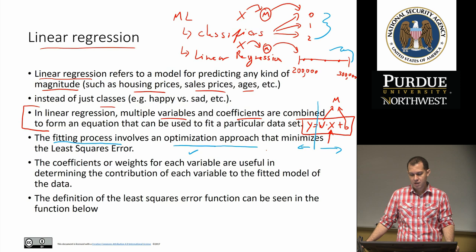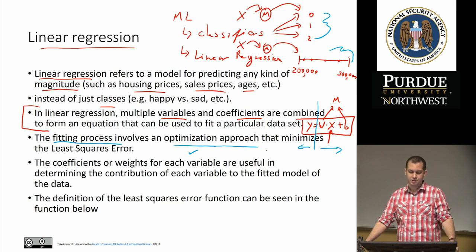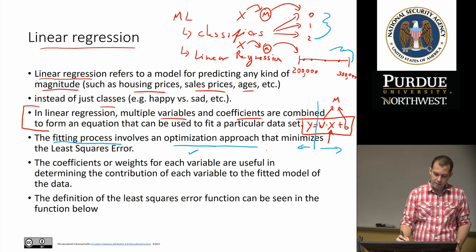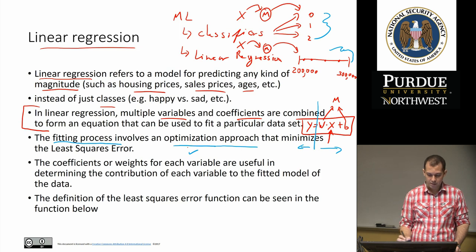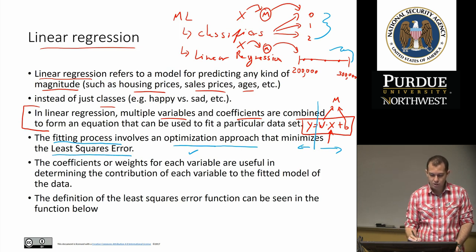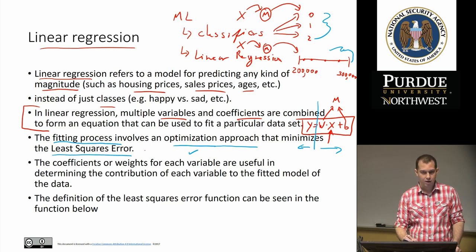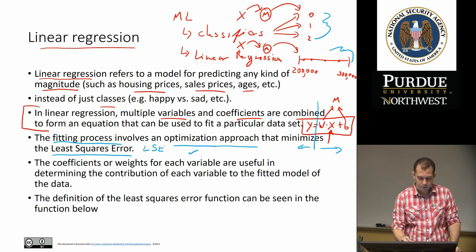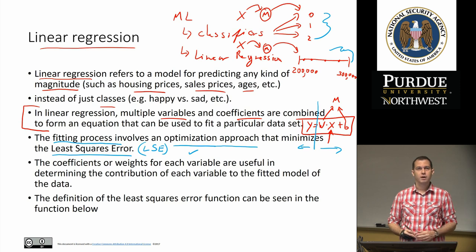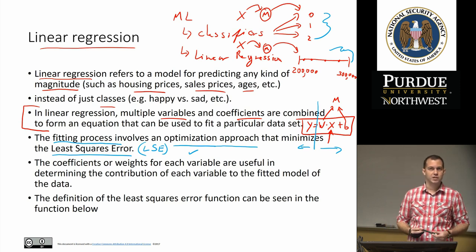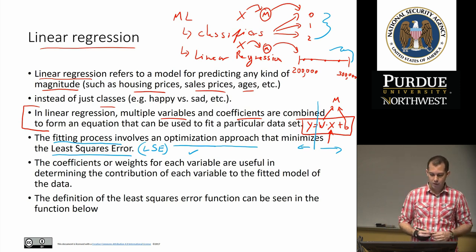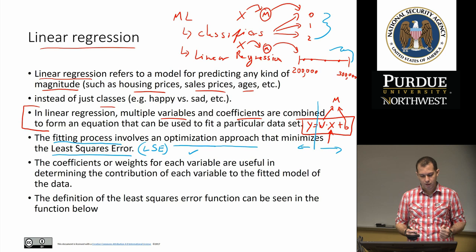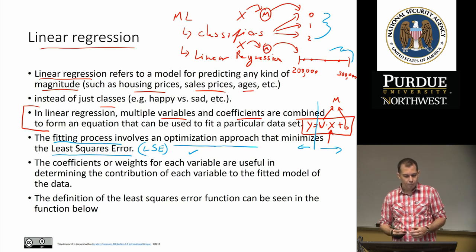So in this case, when you took your statistics class, you learned that the optimization approach for the fitting process was something called least squares error, or LSE, right? I'll talk a little bit about that, but it's something that is actually very intuitive, and that's the optimization. So usually people will say minimizing the sum of the squared errors, etc.